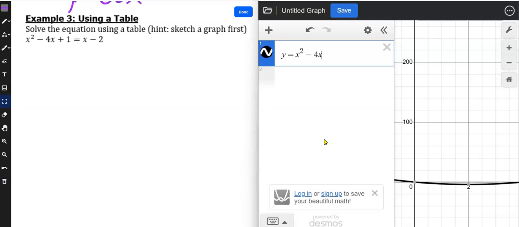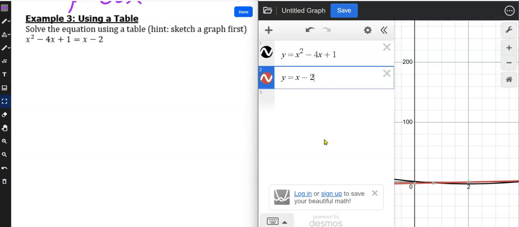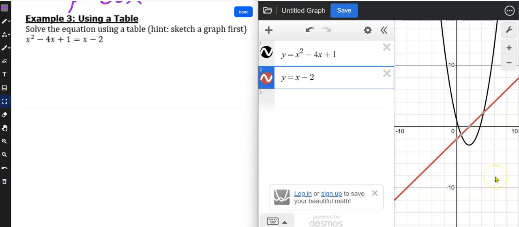Y equals minus 4x plus 1. And then y equals x minus 2. Whoa, that does not look good. Let's go back to the original, negative 10 to 10. Oh, nice. So we can see an intersection point right there, and we can see another one right up there.